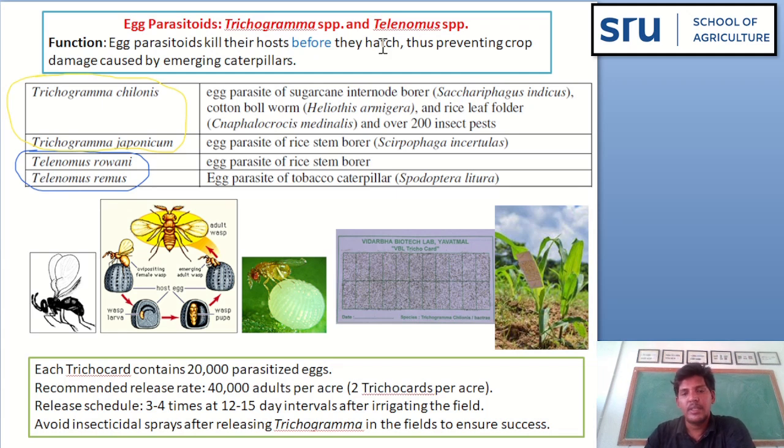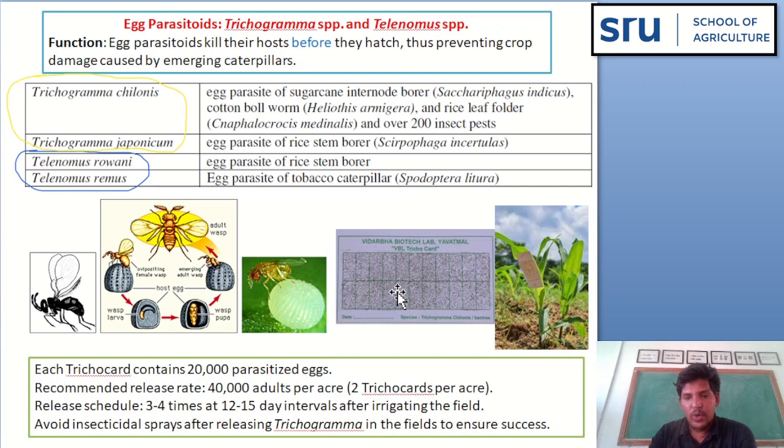That means they attack the egg and destroy it, thus preventing crop damage caused by emerging caterpillars. If the egg is damaged, there is no question of emergence of caterpillars. Therefore, our crop is protected from the caterpillar. See here, egg parasitoid Trichogramma chilonis.